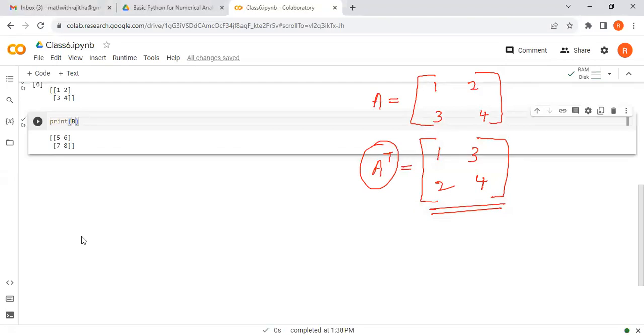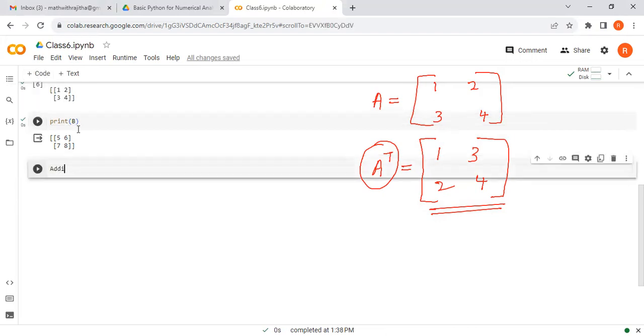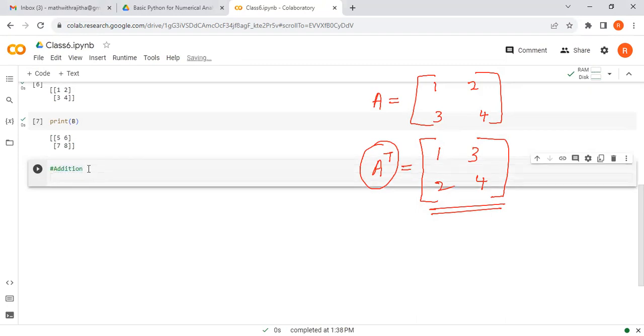So, addition. We know how to add matrices of the same order. Print np.add, add is the function here, np.add(A, B).